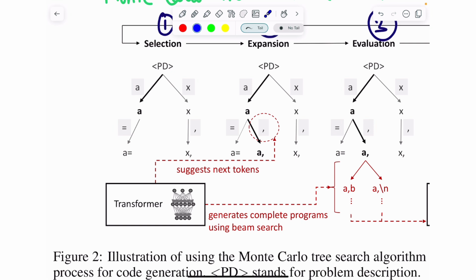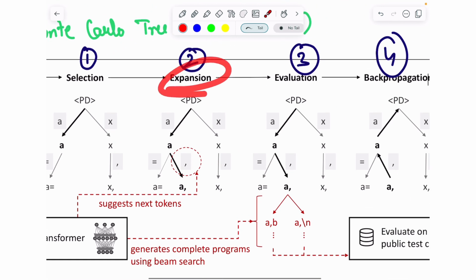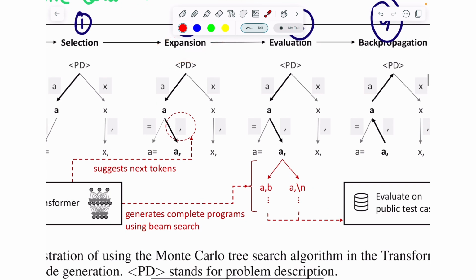For now, let's assume that there was certain criteria based on which you can expand a particular node, right? And let's say in this case, you decide that I want to expand the node A. In the second step, which is expansion, you expand this particular node using a certain token, right? So you decide that, okay, I'm going to append comma to this particular token, and you get A comma as the sequence, right?